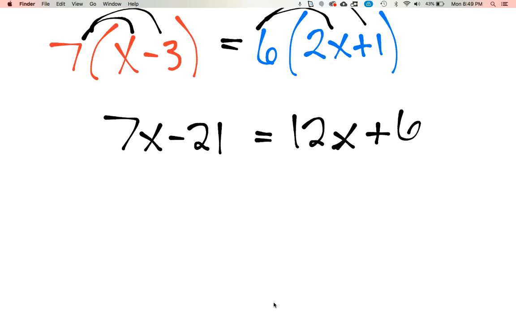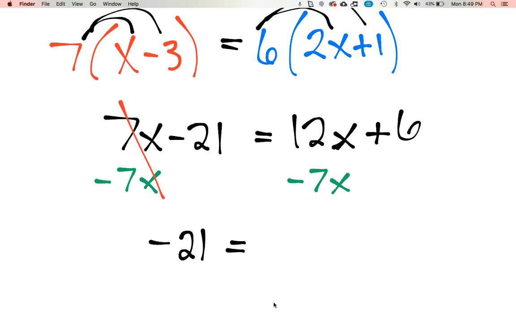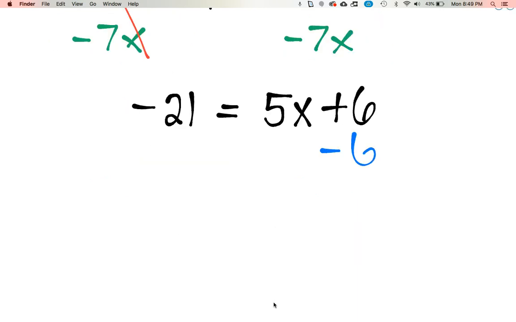Let's take our time algebraically here. Let's get our x's on the same side. Doesn't matter if you take the 12x to the other side. That's negative 21 equals 5x plus 6. Subtract 6 from both sides.